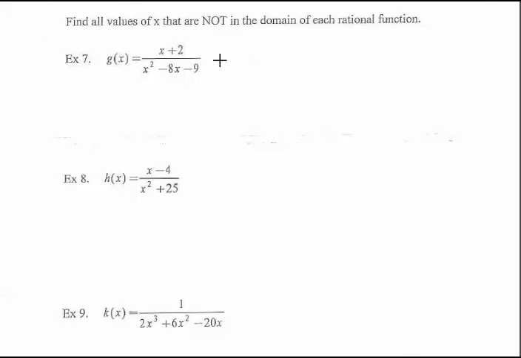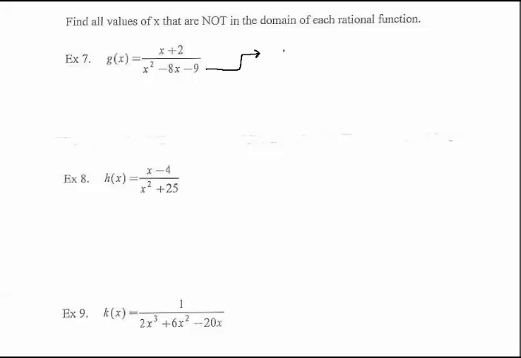Okay, it tells us we have rational functions down here, and if you look at it and check it real quick, you don't see any non-whole number exponents. But we're interested in what's not in the domain, and then we can answer the question what numbers are in the domain.